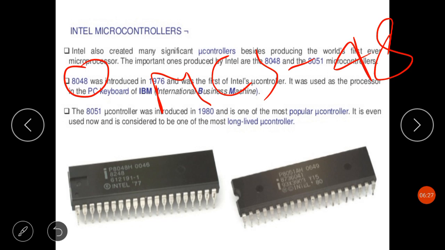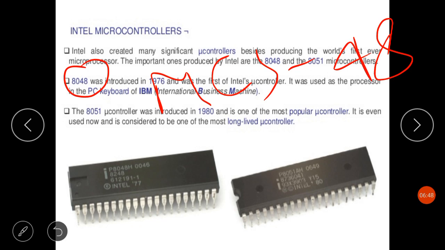The microcontrollers of this series are 8048, 8748, 8041, 8042, etc. These microcontrollers were popular and widely used for automatic control applications. These microcontrollers do not have multiplication and division instructions.